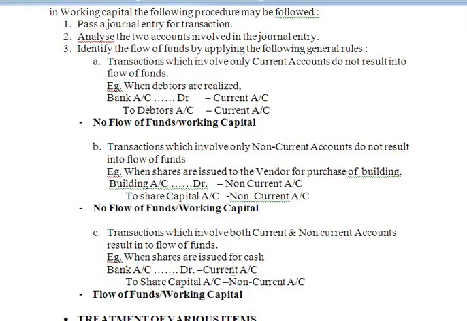When there is an increase in the current assets, automatically there will be an increase in working capital, and therefore it is a flow of funds. Understood? Okay, so these are the general rules we need to follow while identifying whether there is a flow of funds or not.